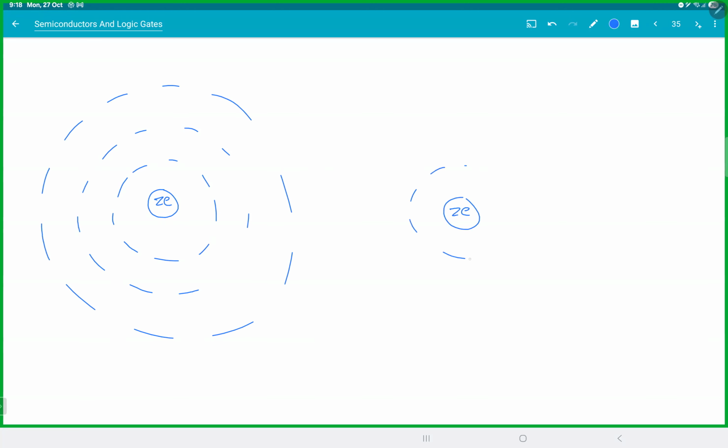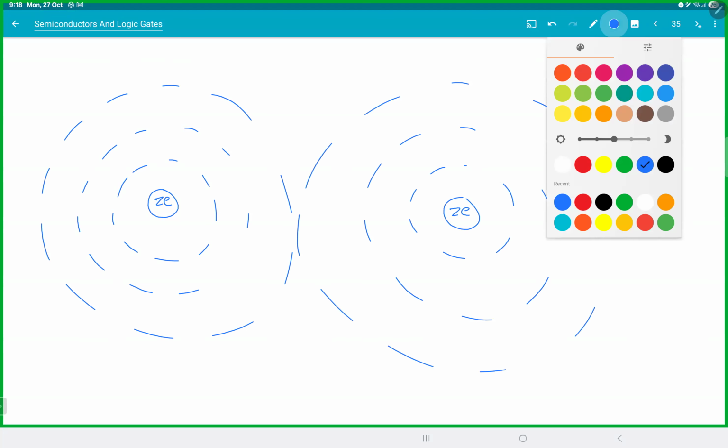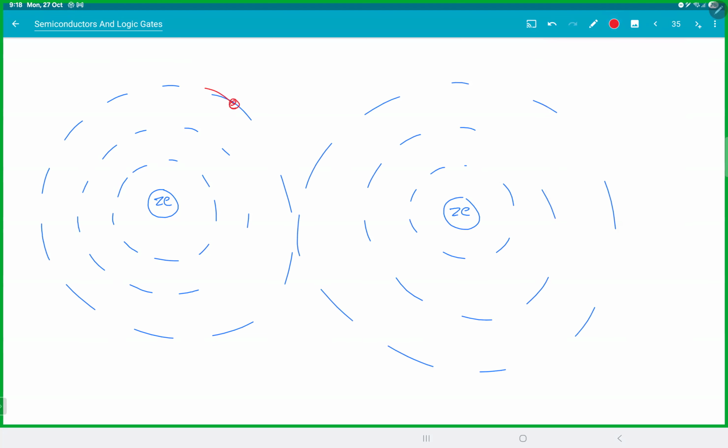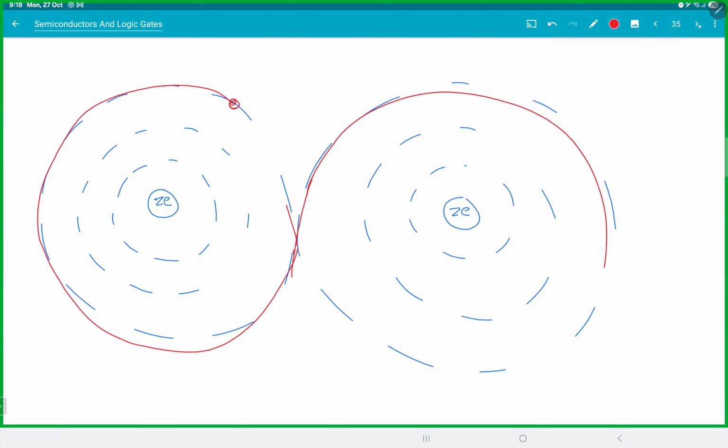So if this is a nucleus, let's say there's one more nucleus here. If you look at this electron in the outermost orbit, it is going in a circle. Then, because the orbits are overlapping, it will jump into the other orbit. Then it can jump into the lower orbit.